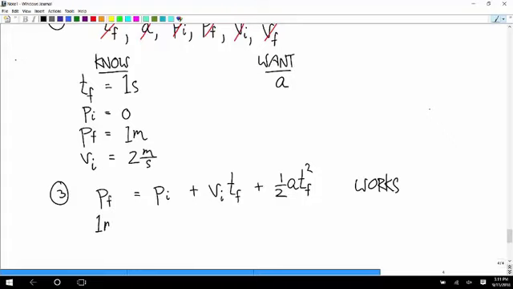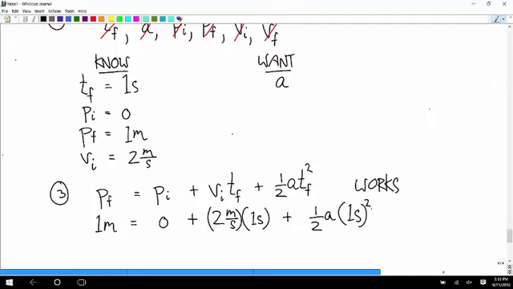We have 1 meter is equal to 0 plus 2 meters per second times 1 second plus 1/2 a times 1 second squared.